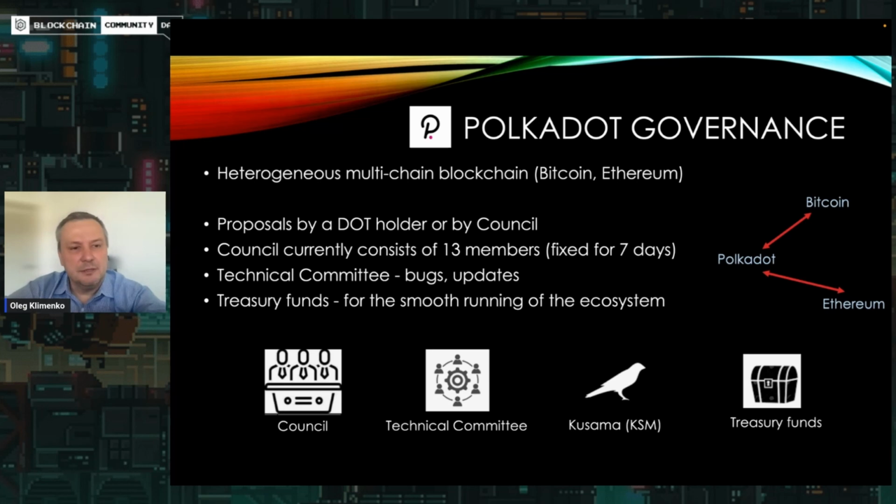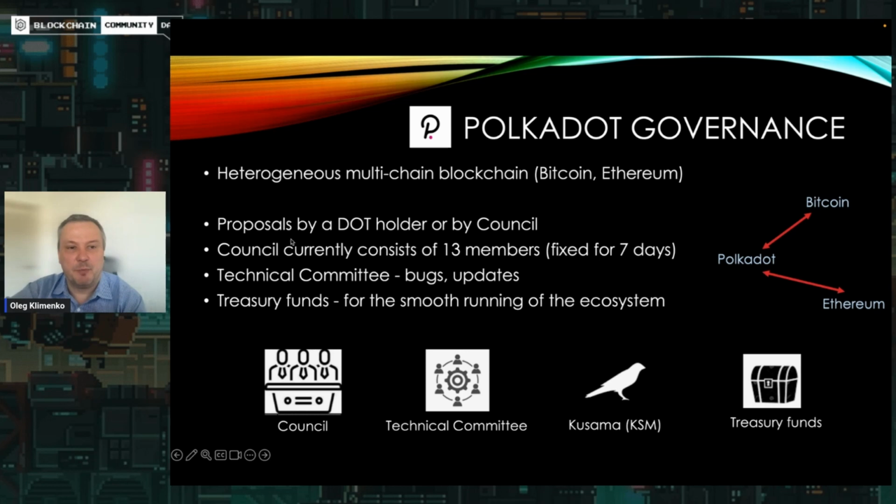I think this is interesting. It was interesting for me how it's organized and why it's successful as an ecosystem. First of all, it has a coin. Its name is Dot, and they have a council. They have several managing units. One of the units is the council.